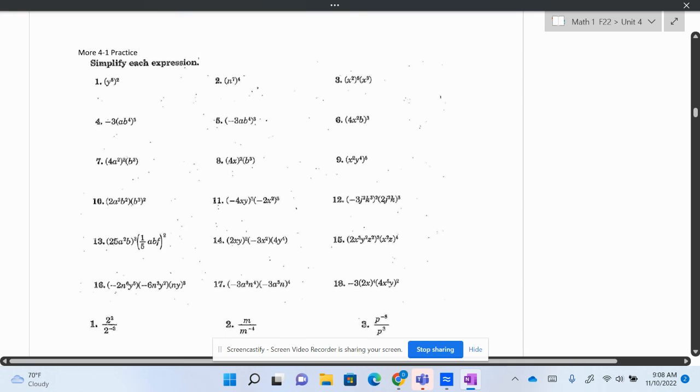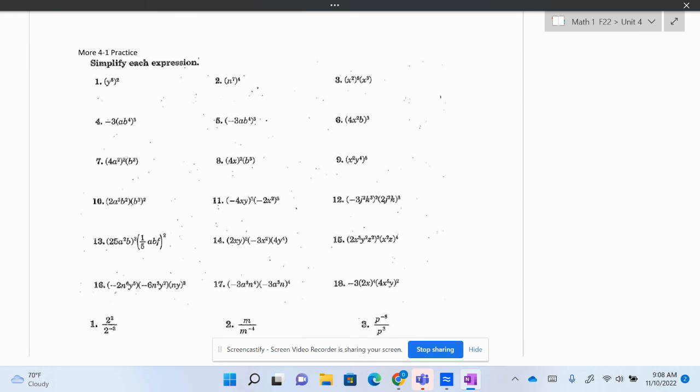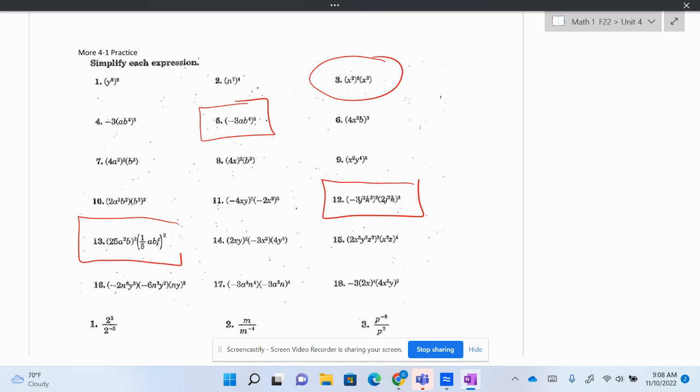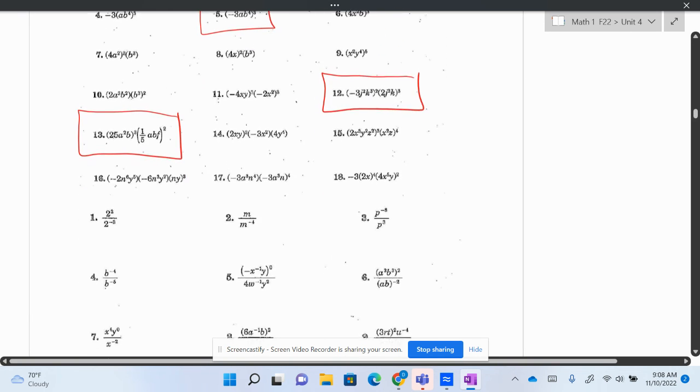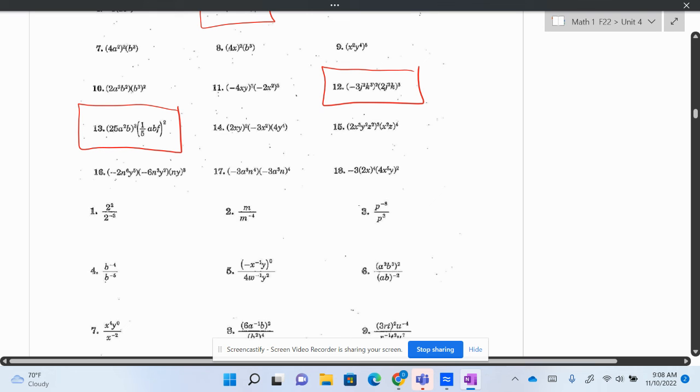So let's do 3 and 5. So it's got some negatives. 12. 13, because it has a fraction in it. 18.